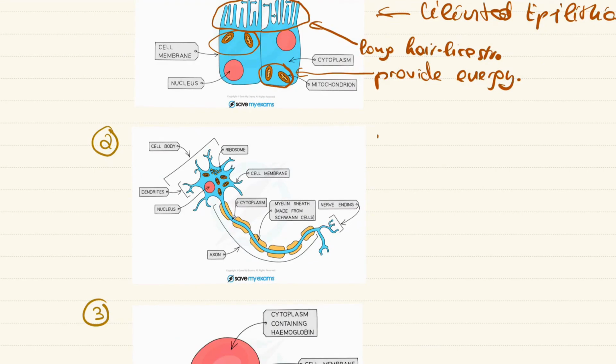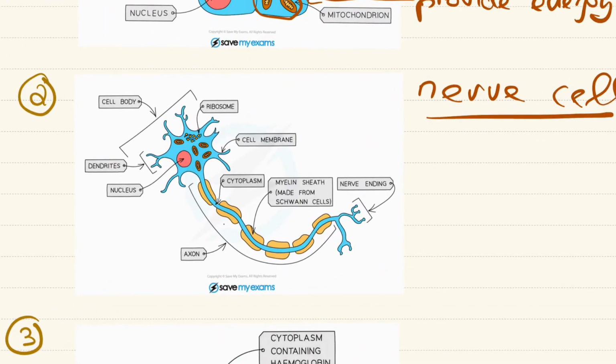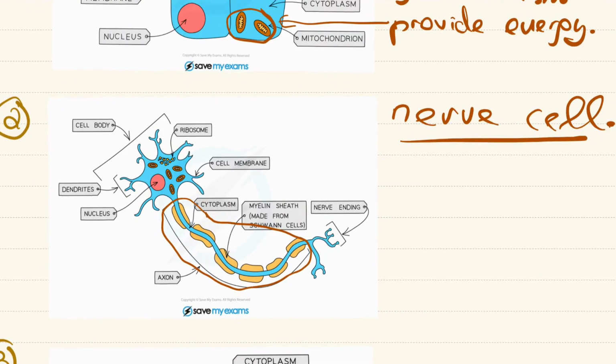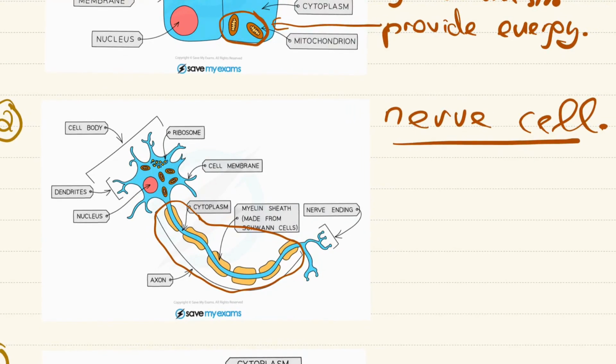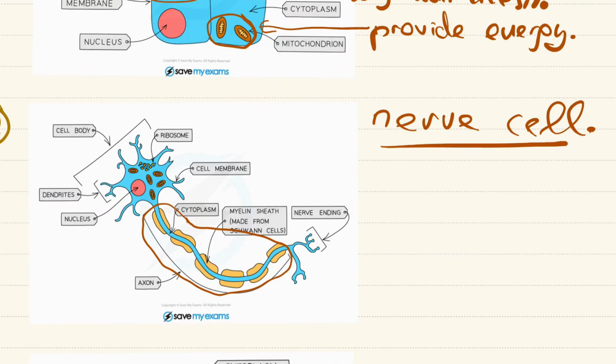The second one is a nerve cell. As you can see, the longest part of the cell is the axon, and it is really helpful to connect with other neurons and helps electrical signals and impulses to travel long distances.